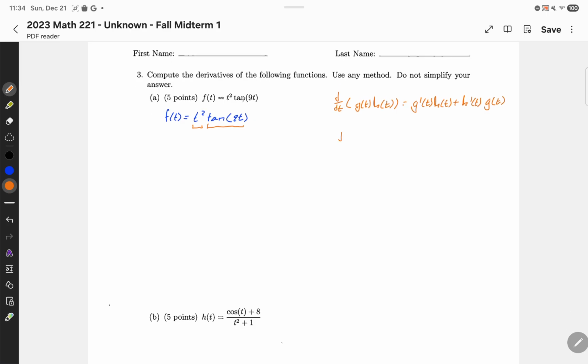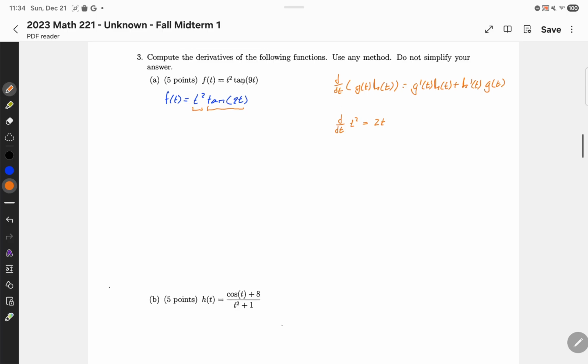So the first part, if we take the derivative of t squared, well, that's just going to be 2t by the power rule. And then if we take the derivative of tangent of 9t, well, we're going to have to use the chain rule for that.